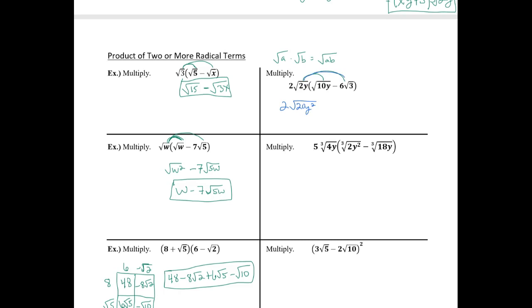Now we have 2 times a negative 6. Those are outside the radical. We can multiply them. 2 times negative 6 is negative 12. Underneath the radicals, we have 2y times 3, which would be 6y. And now we need to simplify what we have, so that 20, we can factor 20 into 2 times 10, and 10 is 2 times 5.